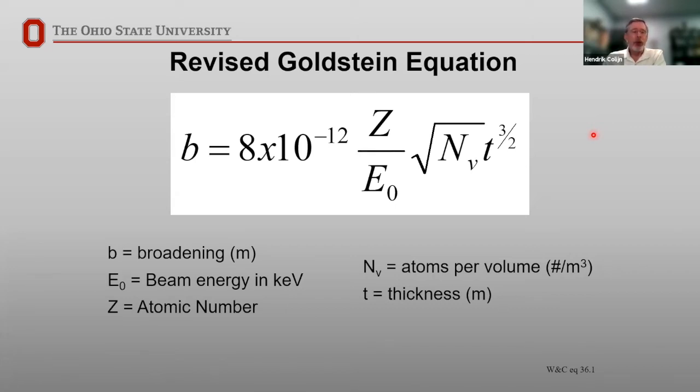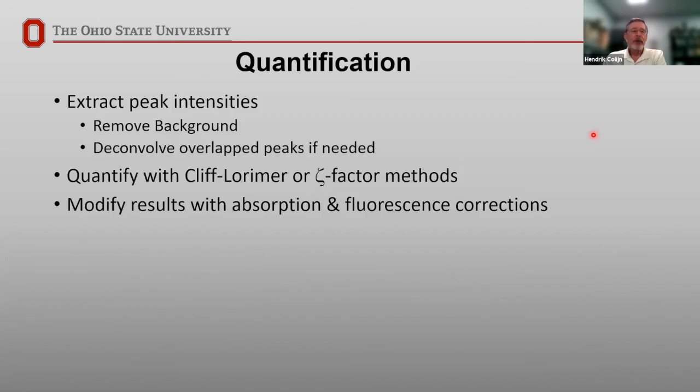Now we need to start quantifying our data. So you've gone through, you've collected a spectrum, you identify your peaks, and when you're doing your qualitative analysis, you always need to do a reality check. The automatic peak ID routines have improved dramatically over the past years, but still in many cases, they may misidentify a peak.